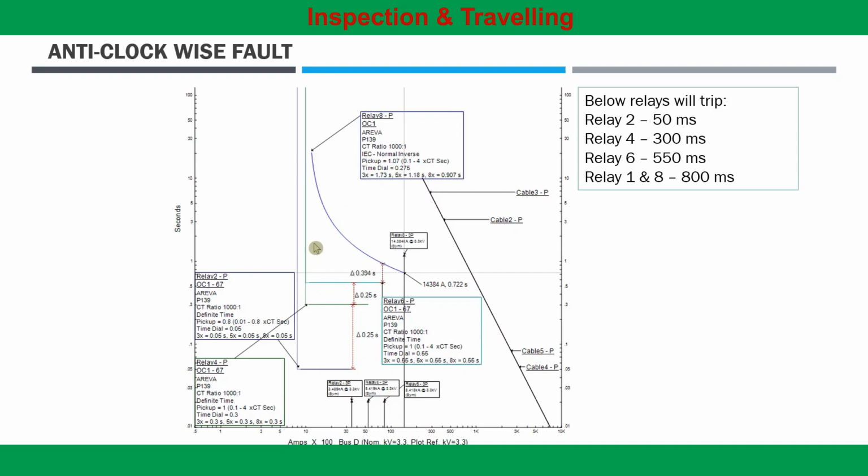As you can observe from the time current characteristic and the operating sequence of the relays, definite time characteristic is the most suitable characteristic to coordinate the ring main system protection relays.